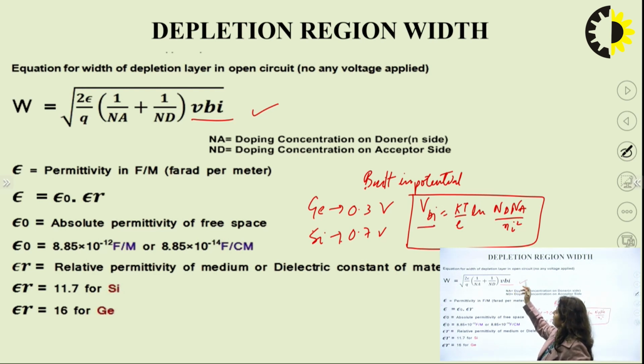The equation for the width of the depletion layer in open circuit, when there is no voltage applied, is given by W equals under root of 2 epsilon by q, multiplied by 1 upon NA plus 1 upon ND, multiplied by VBI.